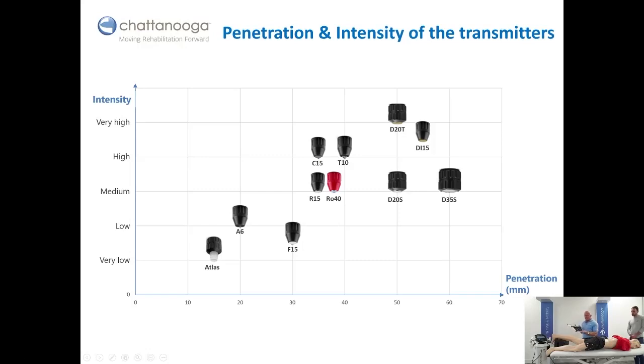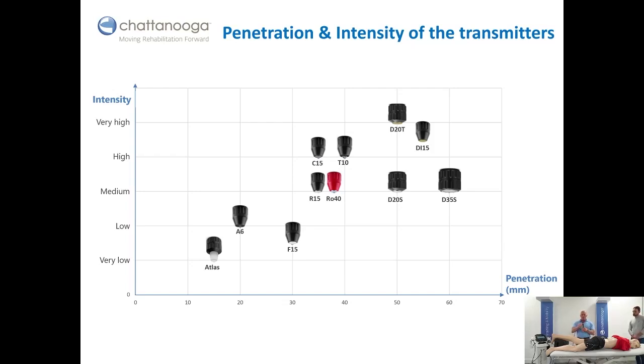Here, we have a whole selection of transmitters. Why is that important? A lot of manufacturers will just give you their version of a standard 15mm transmitter. Chattanooga supply the RO40 and also the D20.